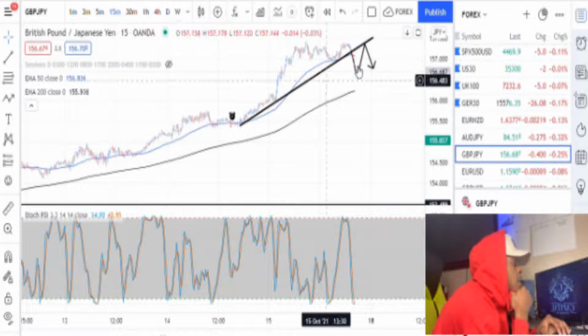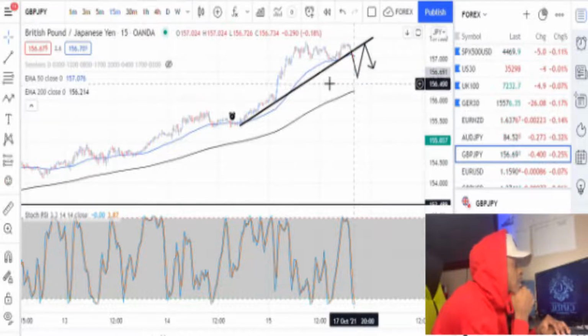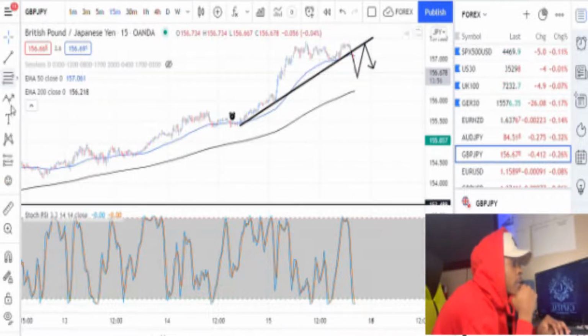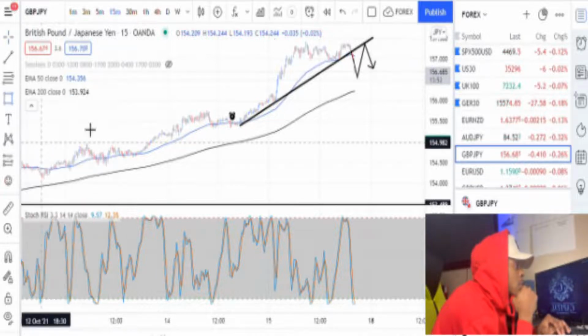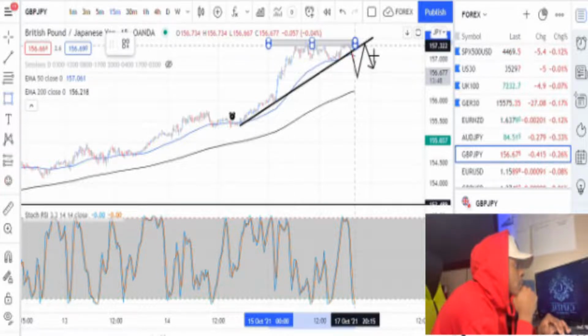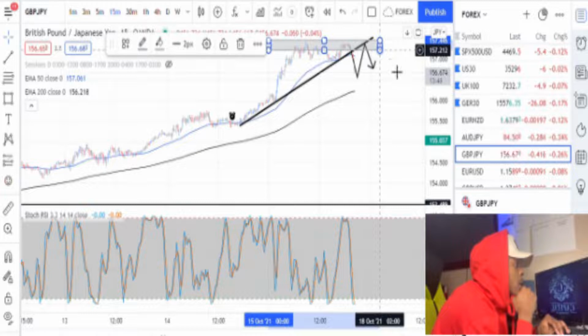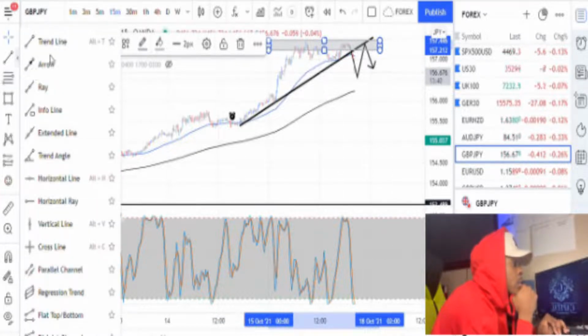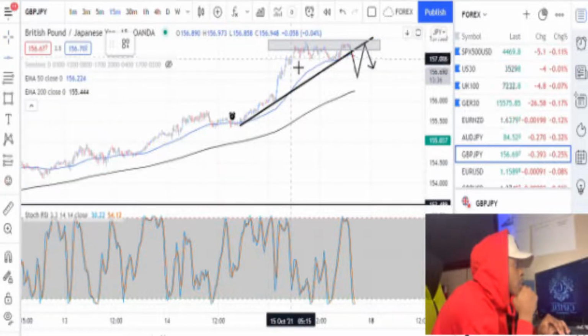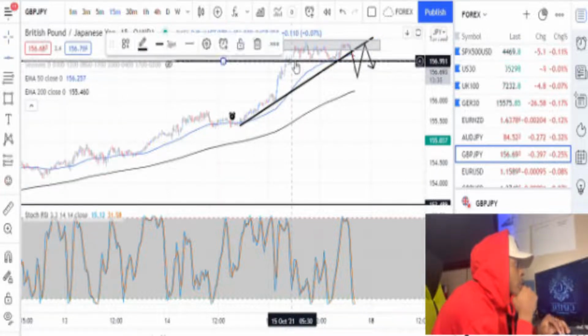Now, this is a great setup for a sell. We got the rejection off of this level right here. So we got the rejection. It's great. We now got a break of structure below the support, and it has also broken a trend. So it has broken a support and it has broken a trend now.